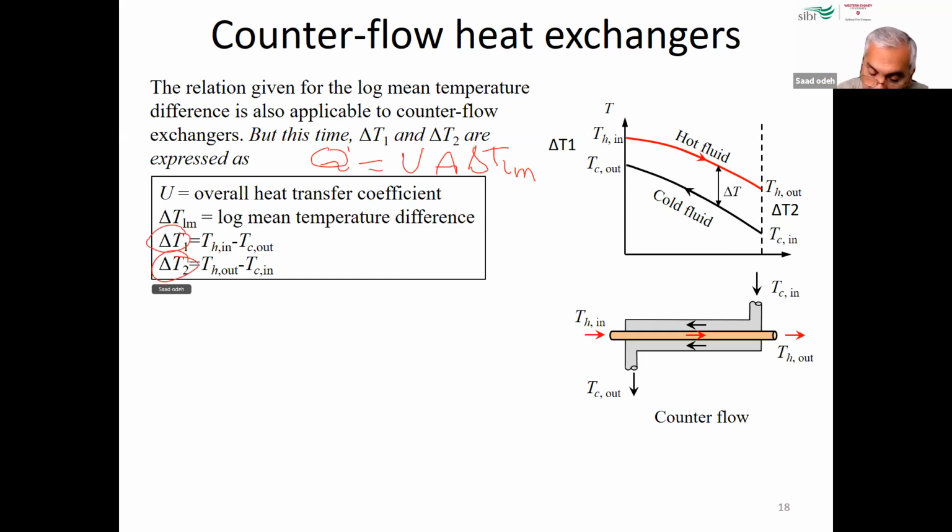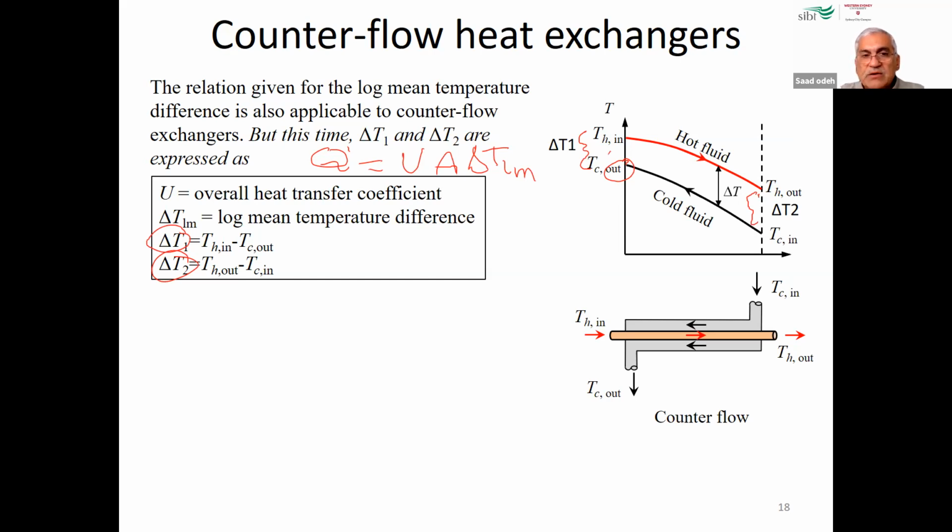But for delta T1, look at this figure. Delta T1 is T_H in minus T_C out, right? Because at this side we don't have the cold fluid in, we have out. So we say T hot in minus T cold out. And delta T2, same thing, we say T hot out minus T cold in, all right?